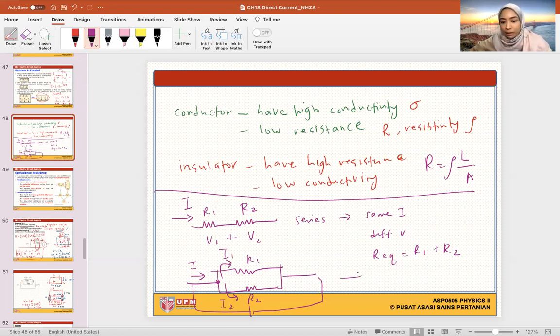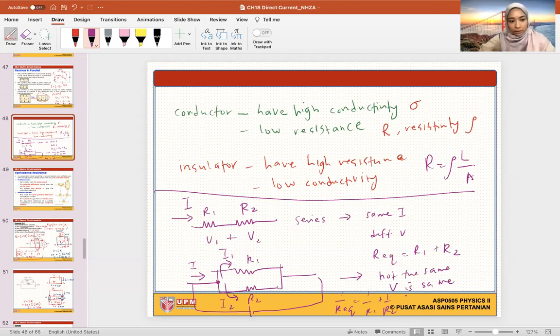So for a parallel, your I is not the same. However, your V is the same for parallel branches. Then your R equivalent is 1 over R1 plus 1 over R2.